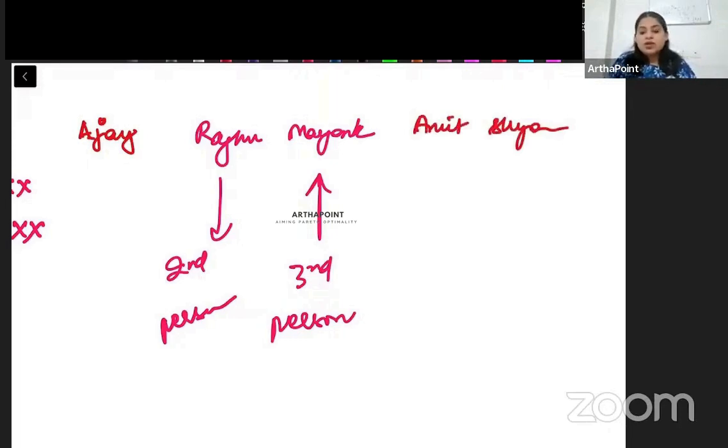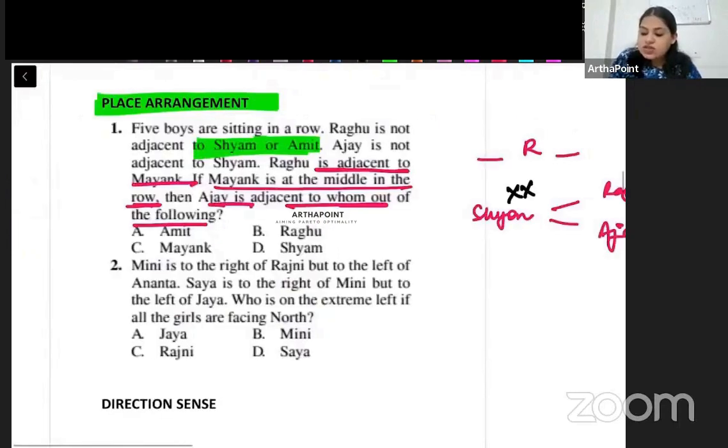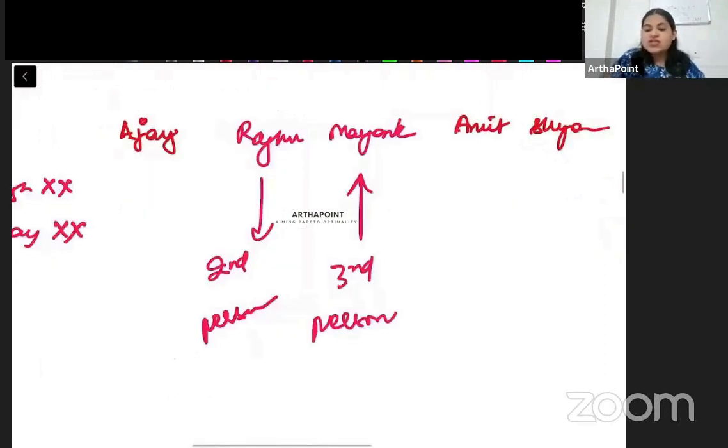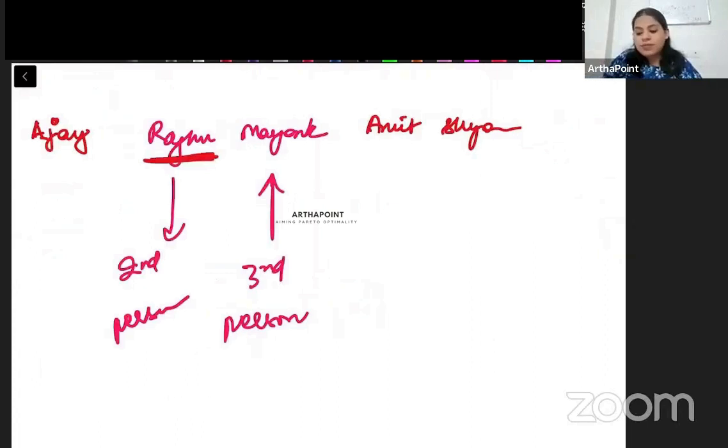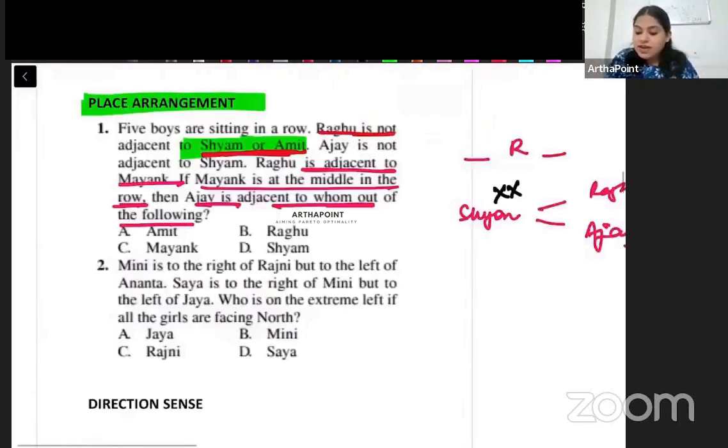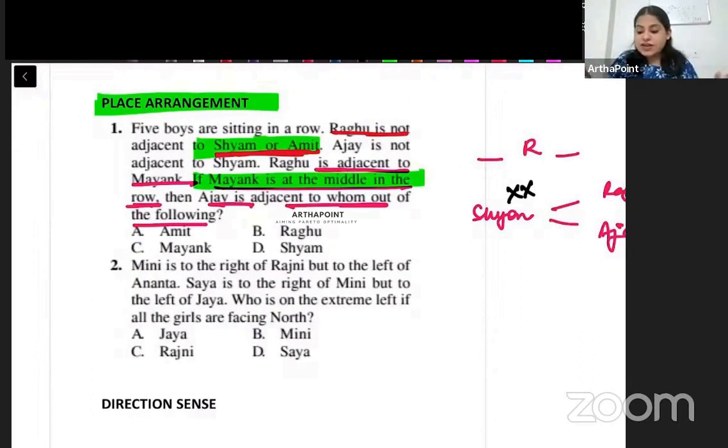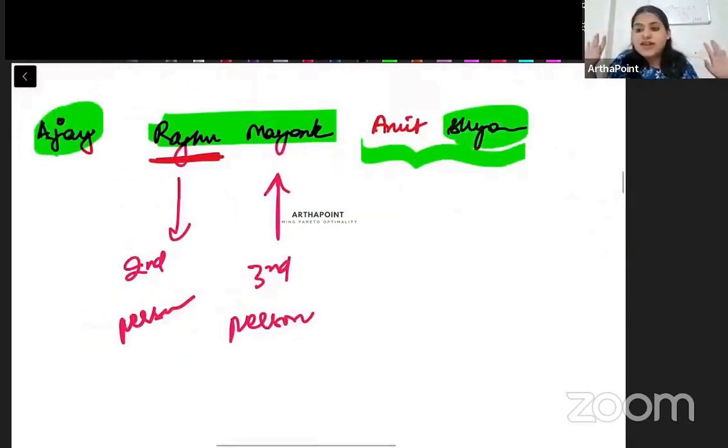Are you getting it? We have to understand that Raghu is not adjacent to Shyam or Amit, so Raghu cannot sit adjacent to Shyam or Amit, and Shyam and Amit are coming here. Raghu has to be adjacent to Mayank, and I have satisfied that. Mayank is in the middle, I have satisfied that. Ajay is not adjacent to Shyam, so Ajay and Shyam are not sitting together. I have satisfied that also.